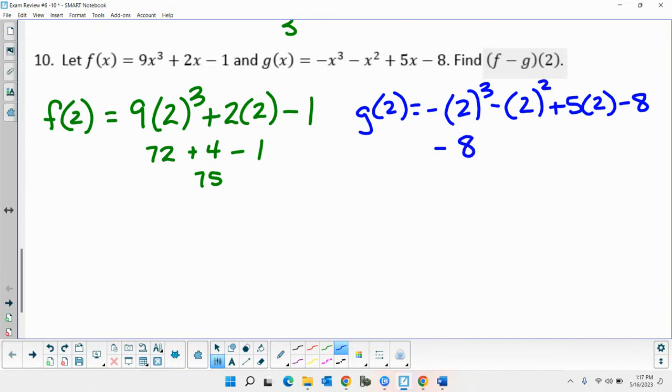What's 2 squared? 4. So minus 4, right? 5 times 2? 10. Negative 8 minus 4, negative 12 plus 10, negative 2 minus 8. Negative 10, thank you.